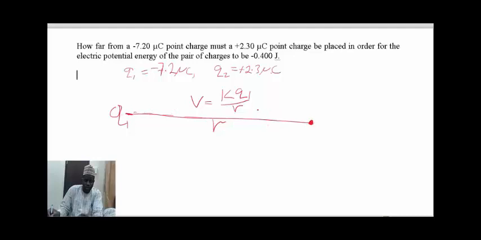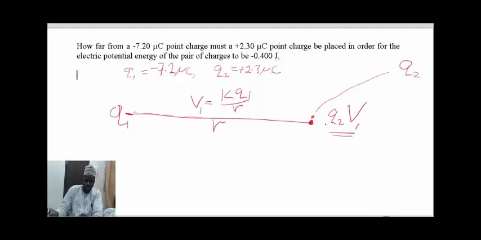Remember, this potential is the energy per unit charge. If we bring another charge Q2 in here, then there will be a potential energy given by the charge Q2 times the potential created by our charge Q1. So this is the total potential energy of the two charges.